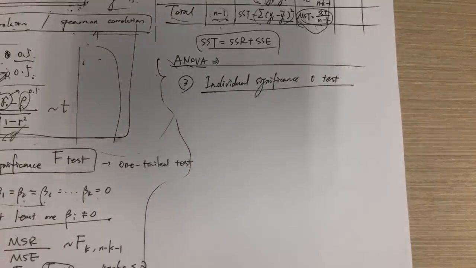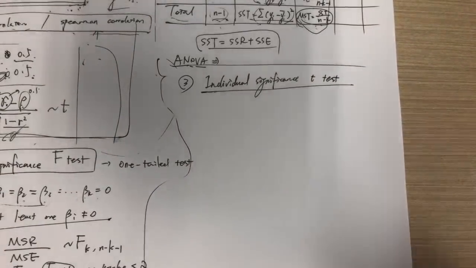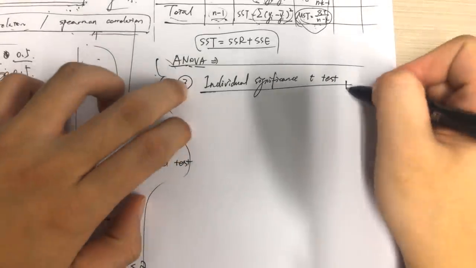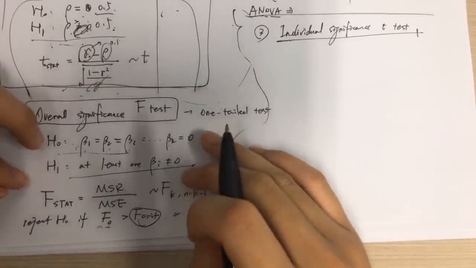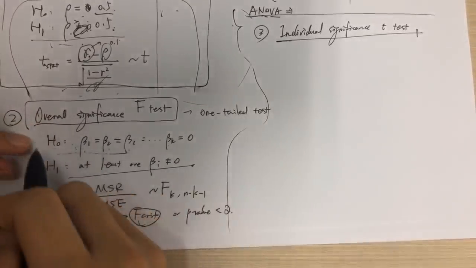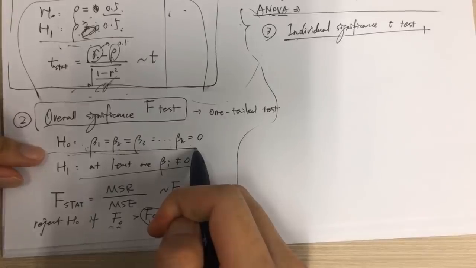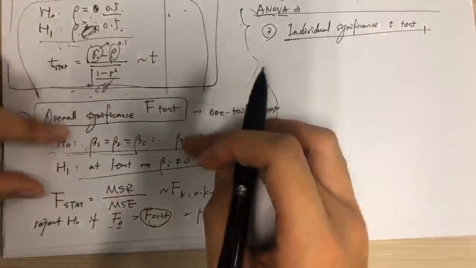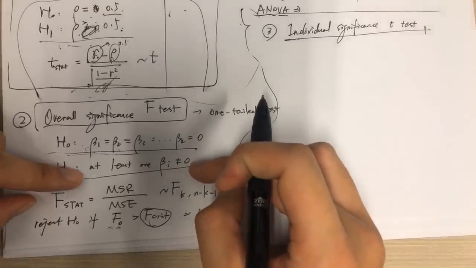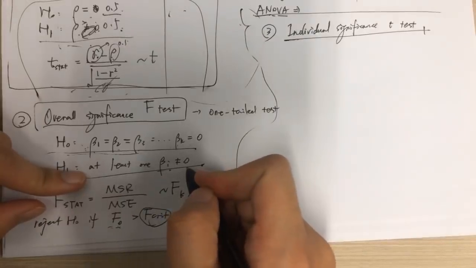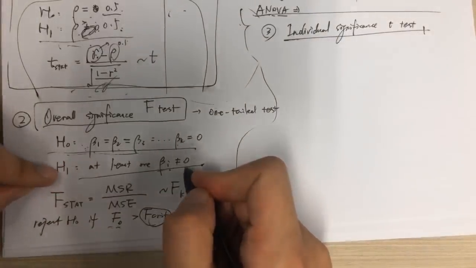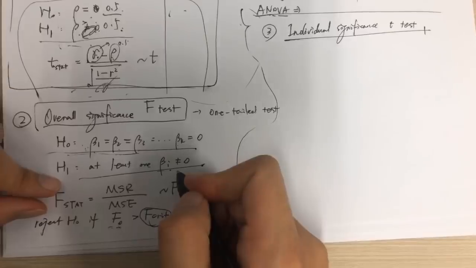For this individual significance t-test, it happens when we reject the null hypothesis. If we reject the null hypothesis in the overall significance F test, it means overall the model is significant. We know at least one beta i is not zero, but we're not sure which of the betas is not zero.